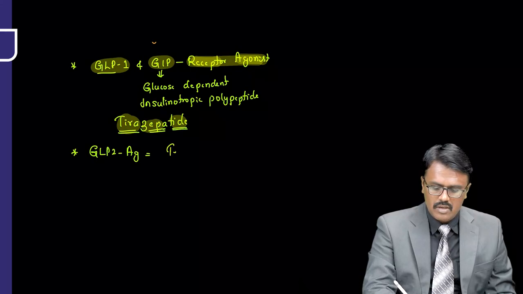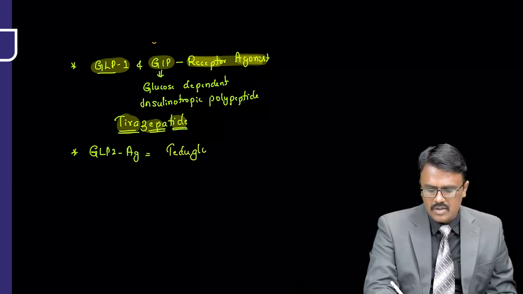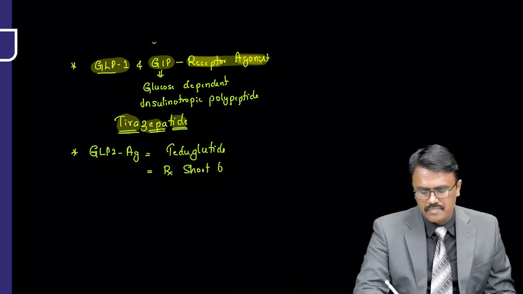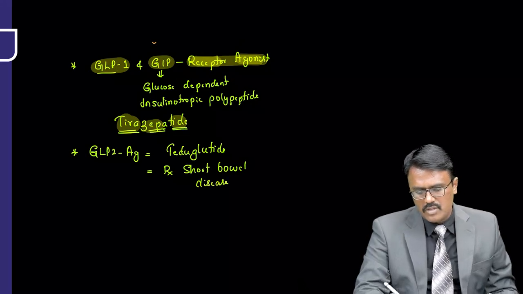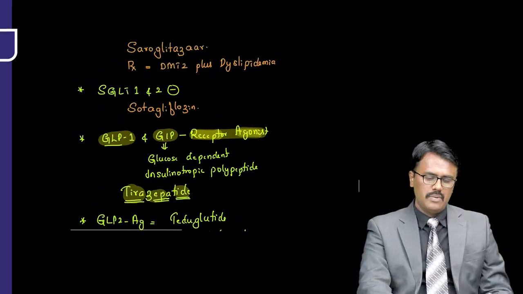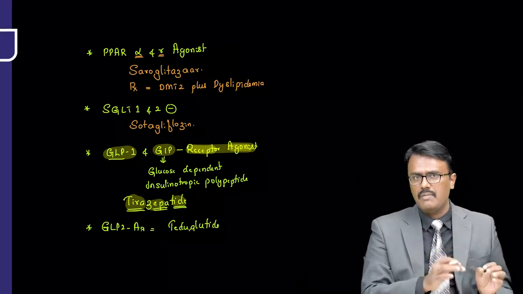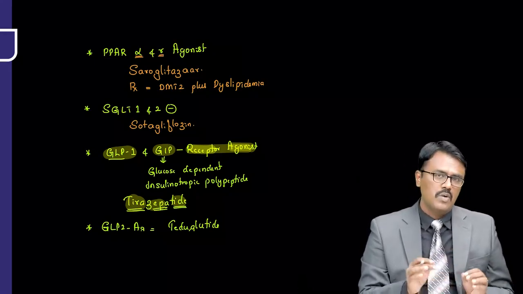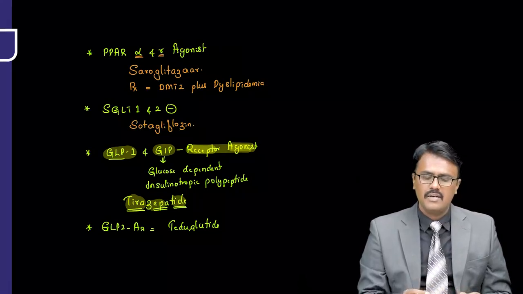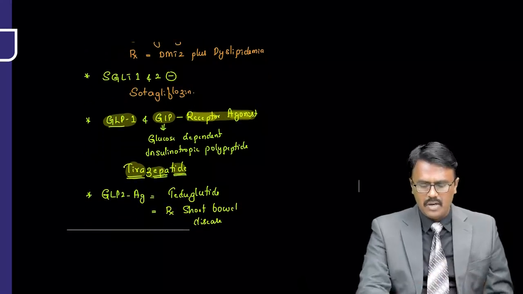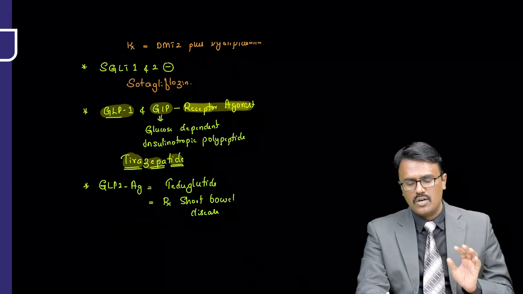The name is teduglutide, used to manage short bowel disease. So these are the newer drugs you have to keep a watch on: saroglitazar, a PPAR alpha and gamma agonist; sotagliflozin, an SGLT1 and 2 inhibitor; tirzepatide, a GLP-1 and GIP receptor agonist; and the GLP-2 agonist teduglutide, used for short bowel disease.